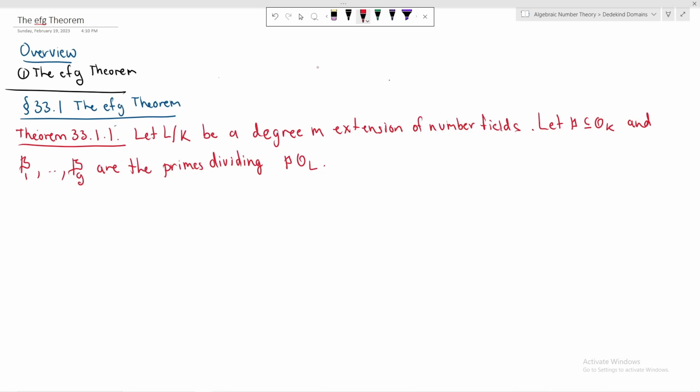Okay, so what this theorem tells us essentially is it tells us about the ramification, the residue degree, and the number of primes, and it relates all these numbers.